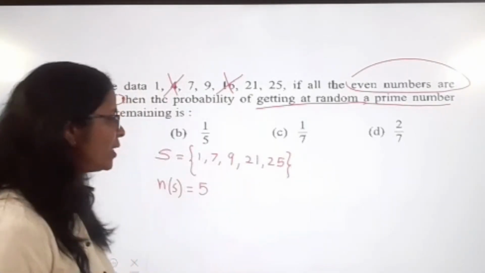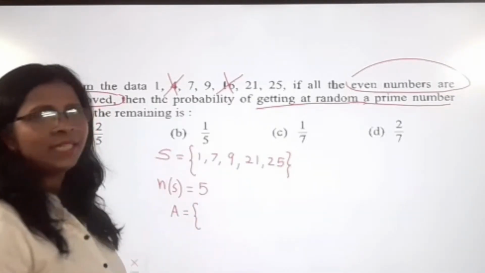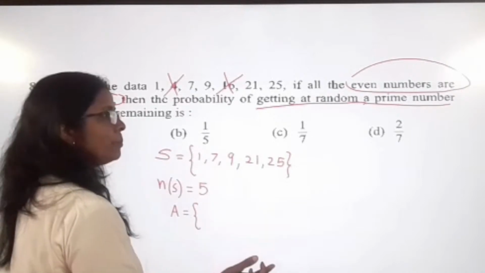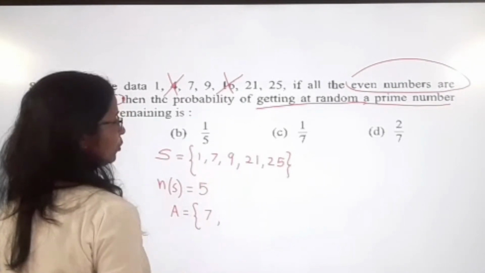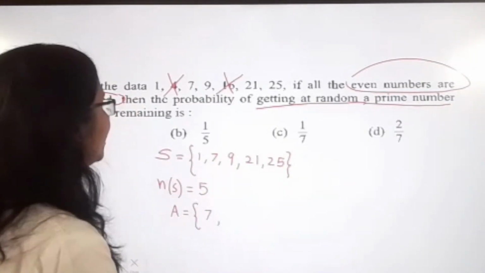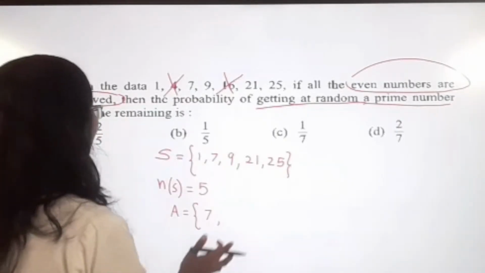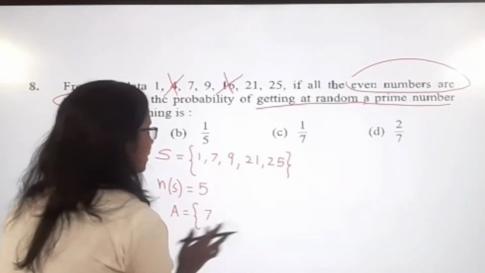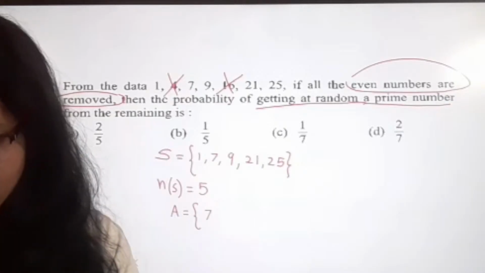So that means, students, it is an event and I consider it A, the set A. So now, getting a prime number: which ones are the prime numbers? 1, no. 7, yes, so I include it. 9, no. Here only 7 is the prime number.